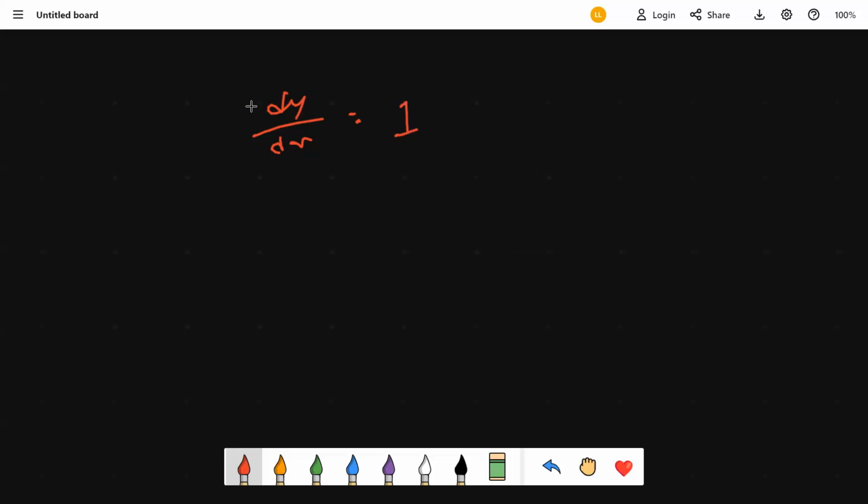Now, if we want to integrate this, the integration sign is this, like a cursive f, where we usually tend to have limits. We will be coming back to limits a bit later, but for now, let's stick with our basic concepts at first.